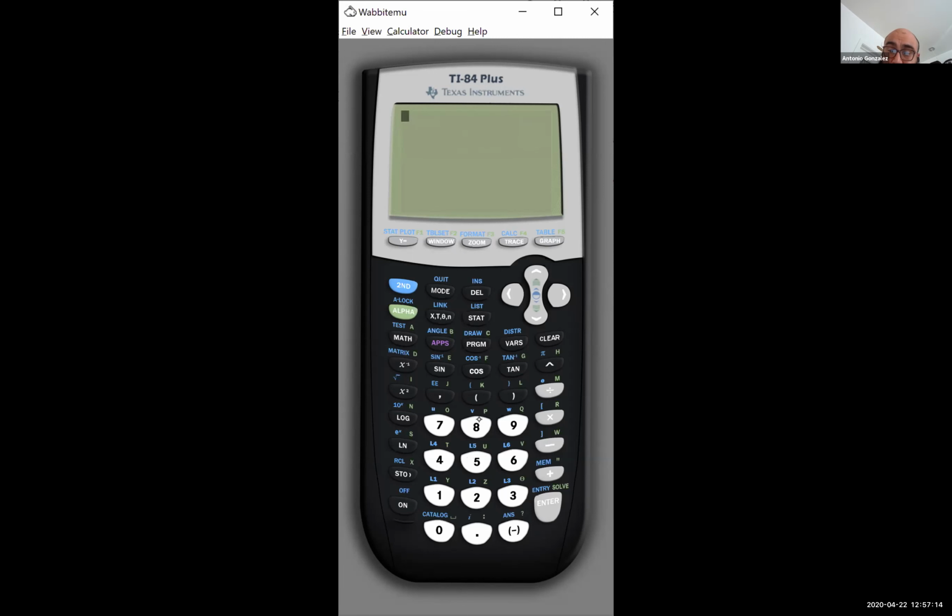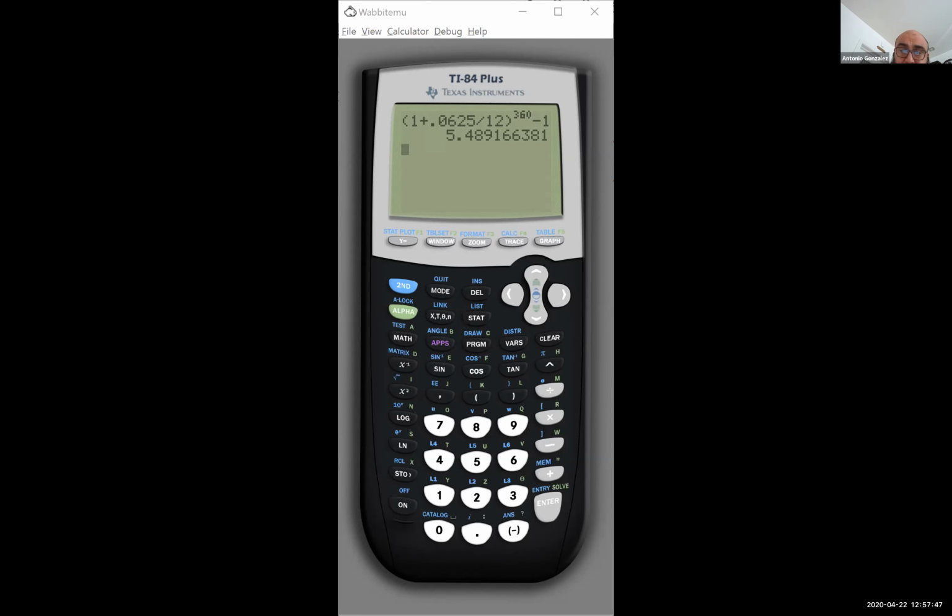So 1 plus 0.0625 divided by 12. And I'm going to raise that to 12 times 30, which is 360. And then minus 1. Okay, so I get 5.489.